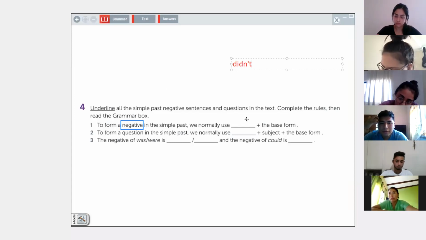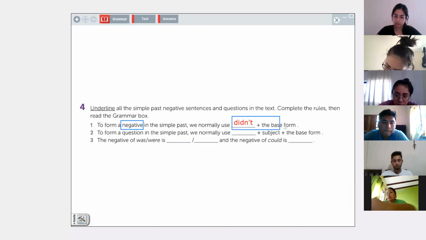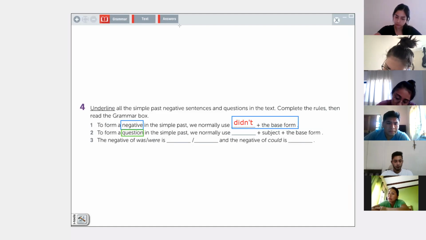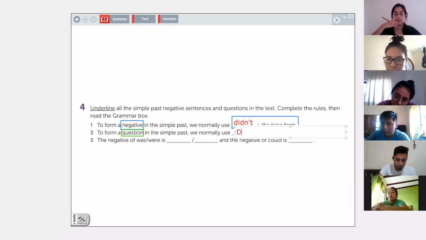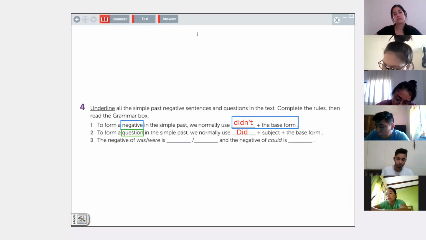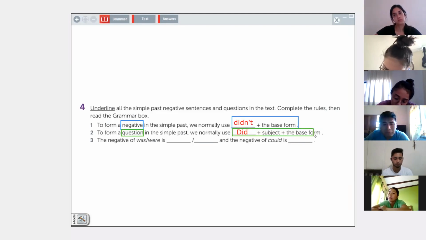We use didn't and the base form of the verb. So this is the rule, right? Number 2, to form a question in the simple past, we normally use Did. Did, subject, and the base form.